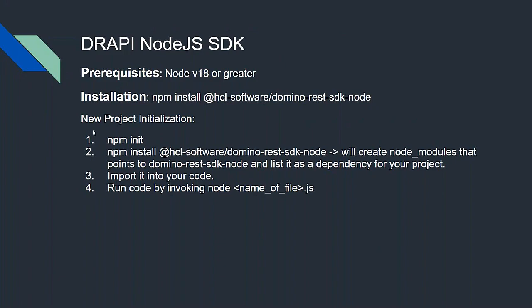So if you want to initialize a new project, first off, you will run npm init. This will produce a package.json, and after that, you're going to run npm install, the at HCL software line right here, which will then create the node_modules that points to all of the dependencies.